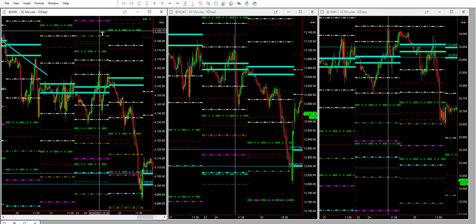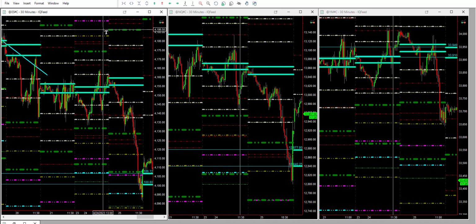This concept is applied across multiple intermarket instruments and also applied inside the same group by going across different time frames. So 6 months out contract versus 1 month out contract.